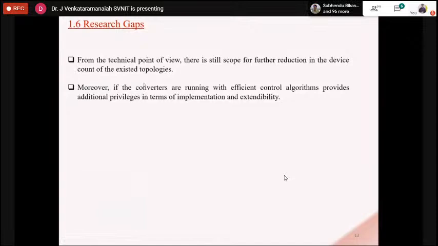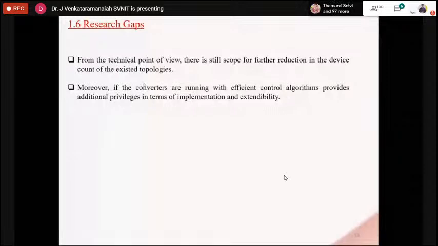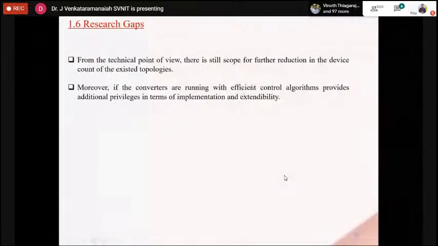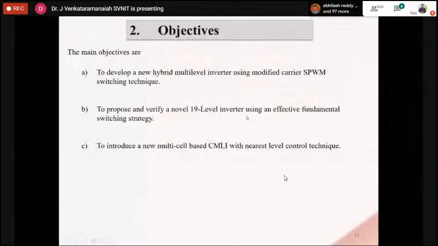Moreover, one topology might be evaluated with a particular technique, and they may not have an idea about other techniques. So we have to see each topology with different controlling techniques to see their efficiency in all perspectives. So let me introduce one small topology in detail.